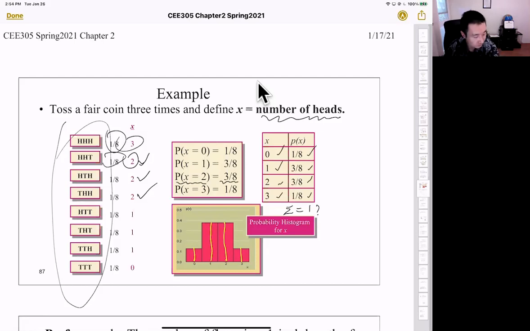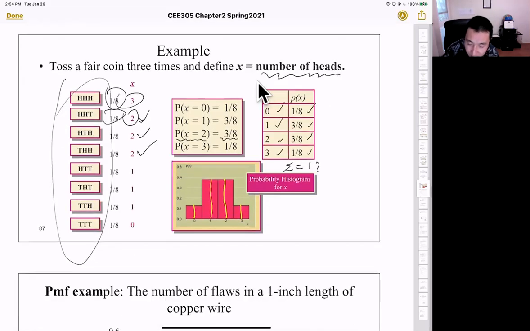And then we can draw a so-called histogram based on the possible outcomes. The x-axis shows the outcomes and the y-axis is the probability. We're going to talk about the histogram in a moment.